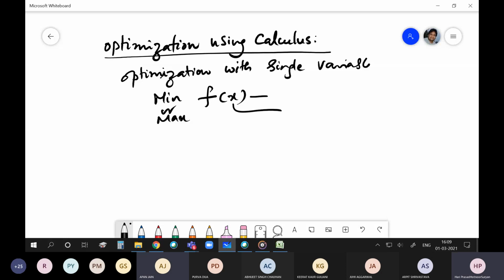So how do we go about doing an optimization of a single variable using calculus? Differentiate with respect to that variable. Okay, you have to differentiate with respect to the variable.